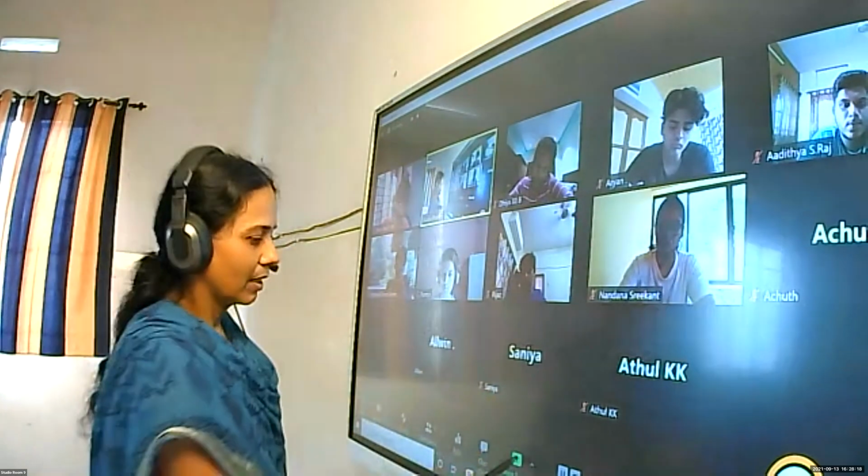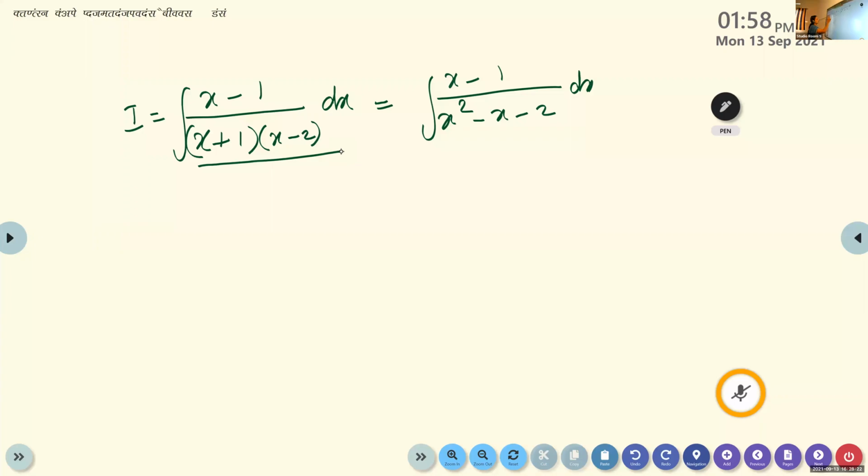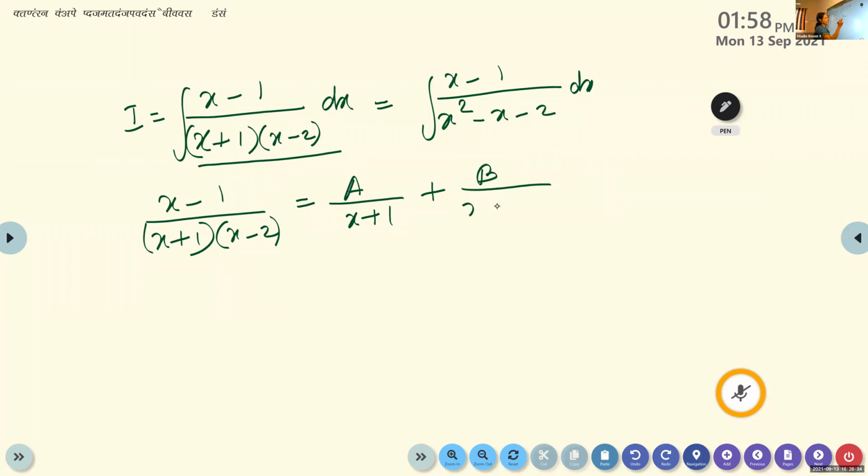Look here. The degree of the numerator is less than the denominator. So in partial fraction, how do we do this? We write this as a by first factor plus b by second factor. Next step, we take the LCM and cross multiply.